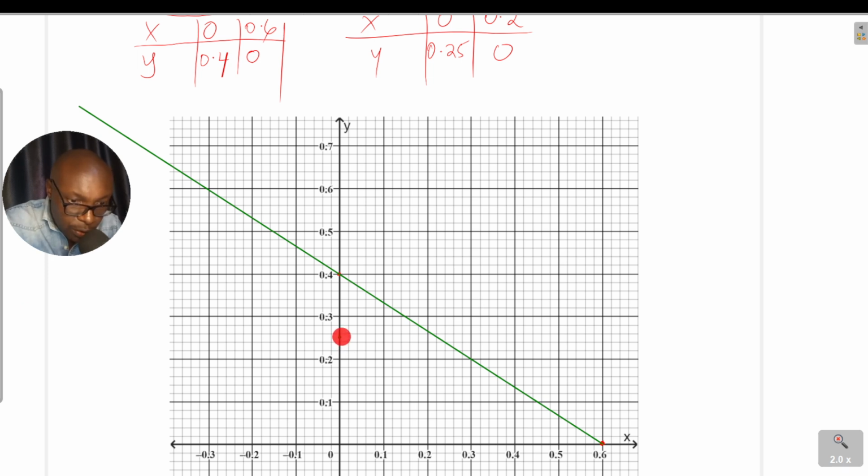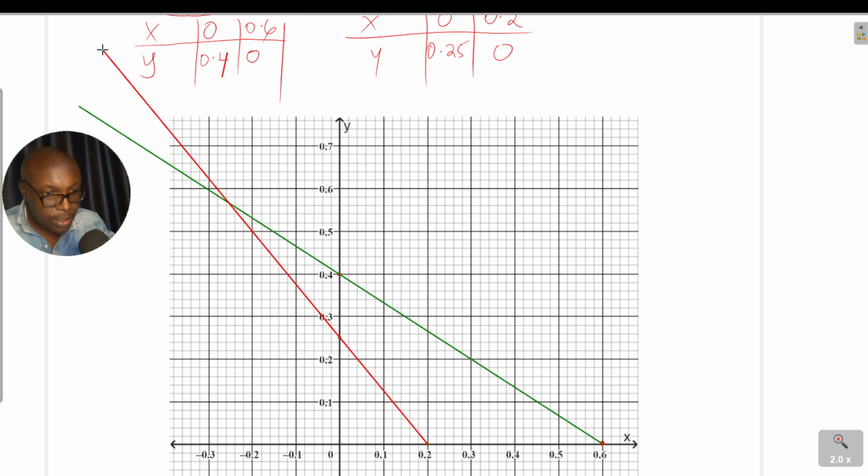Then (0.2, 0) will be there. Now draw a straight line passing through those 2 points.